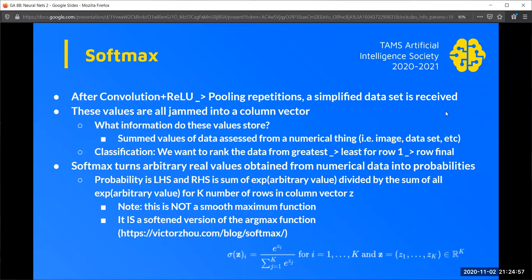Okay, Softmax. This is the thing that you saw at the end. Once you've gotten to the step where you flattened your data and simplified it as much as you want to, you've gone through your convolution, your ReLU, your pooling, and so forth, repeated however many times, you're going to have your final optimized data ready in a column vector.